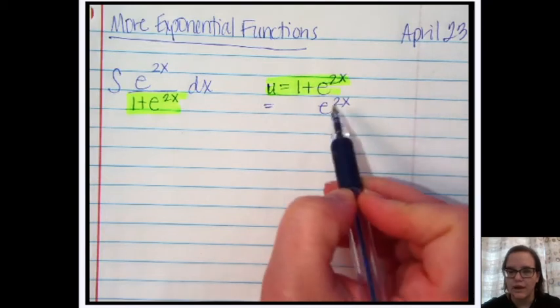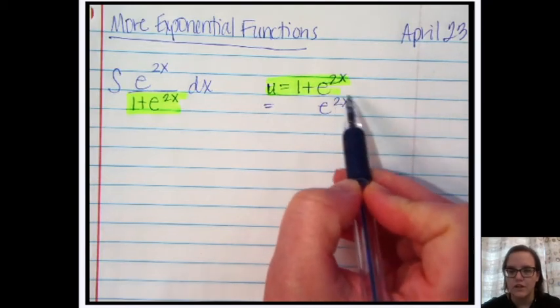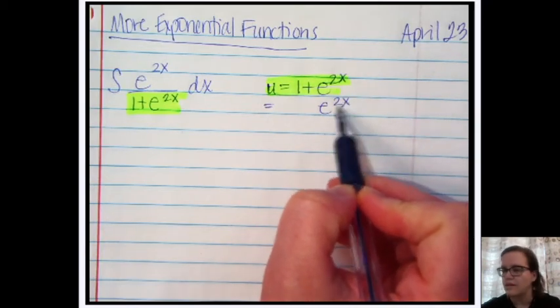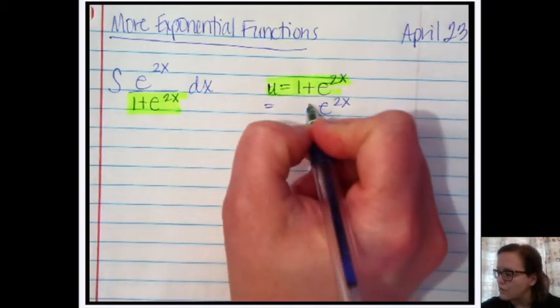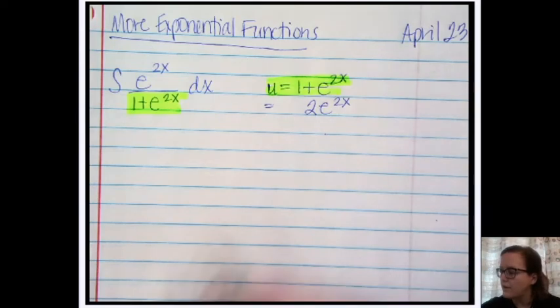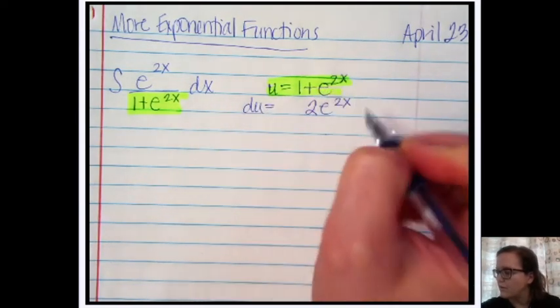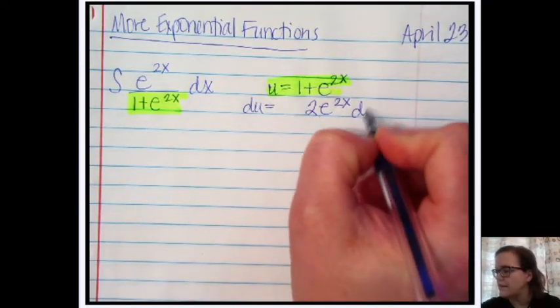And then if we have a function up in the exponent, we have to take the derivative of that. So the derivative of 2x is 2. So right now we have du is equal to 2e to the 2x dx.